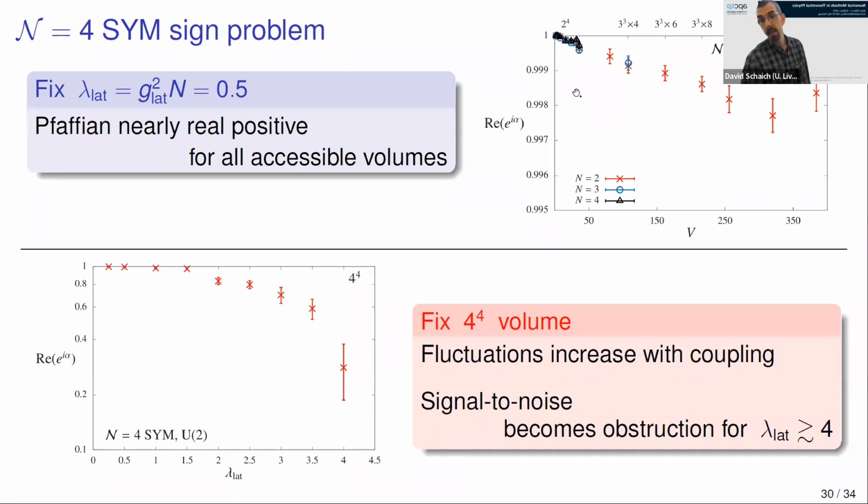We actually don't see significant effects with the lattice volume, which is a contrast to, say, QCD at finite chemical potential, where the sign problem is very sensitive to the volume.